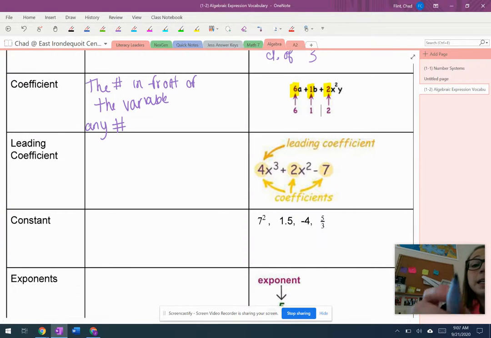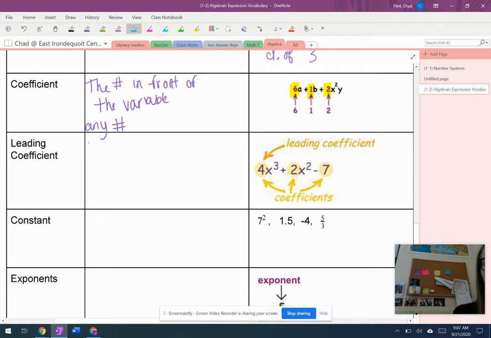That leads us to a leading coefficient. A leading coefficient kind of combines degree and coefficient. It's still a coefficient, so it's still the number in front of the variable with the highest exponent.